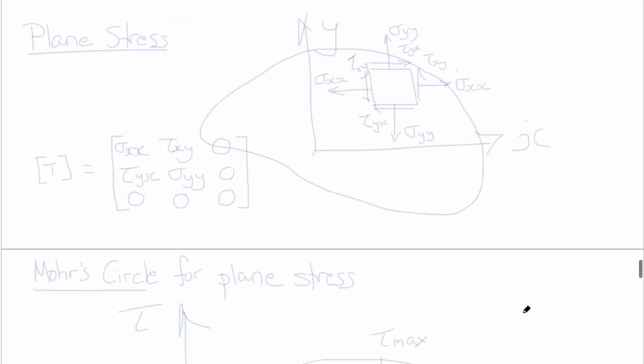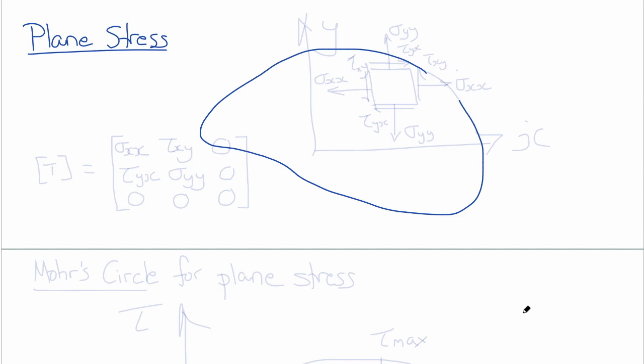A more general special case of stress is called plane stress. In plane stress, all of the stress components are limited to a two-dimensional plane. None of the components in the third direction are non-zero. So in this case, let's draw plane stress in the xy plane.